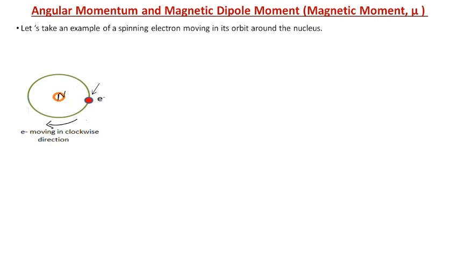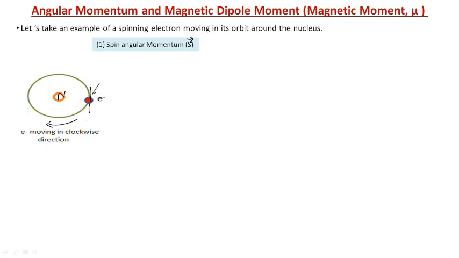This electron has two different types of motions. One is spinning motion, which arises due to its motion on its own axis. This spinning motion results in spin angular momentum, which is represented by vector S.